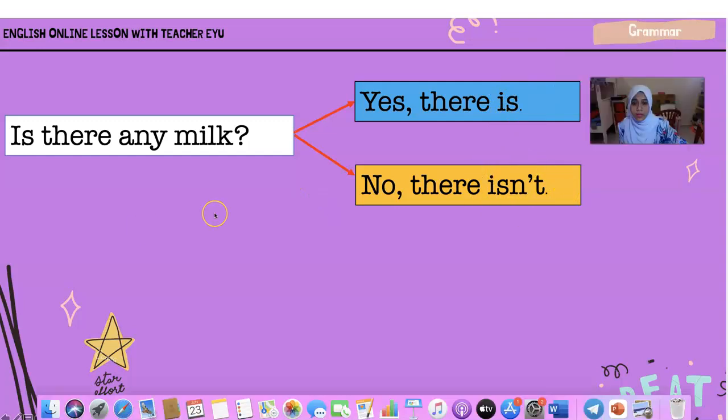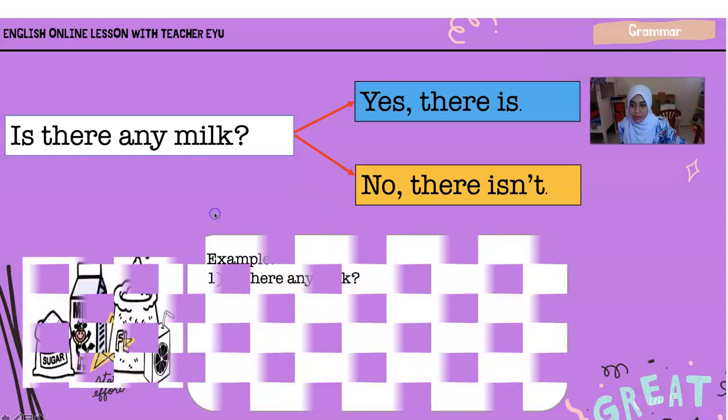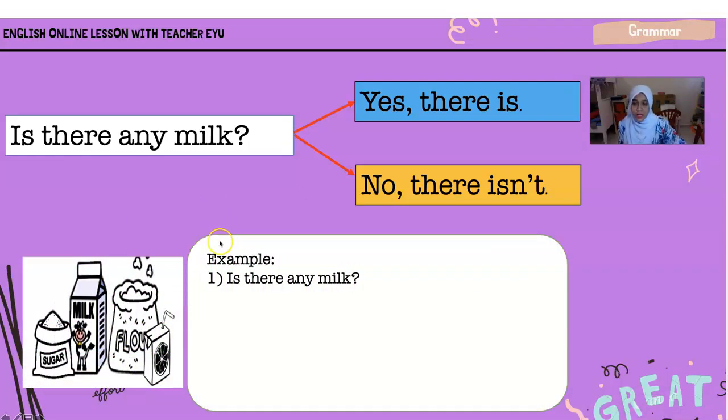Alright, so now let's look at the examples. These examples are from the picture. Example number 1, the question, is there any milk? Ada milk tak? Ada susu tak? So in this picture, can you see the milk? So this is the milk.